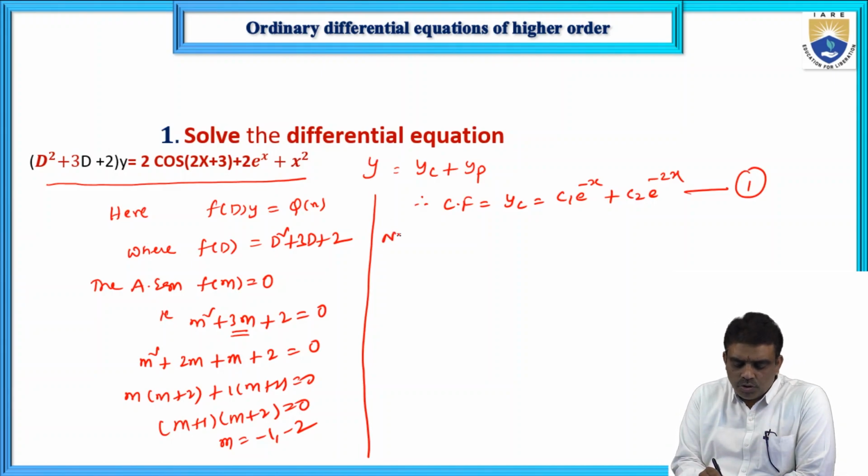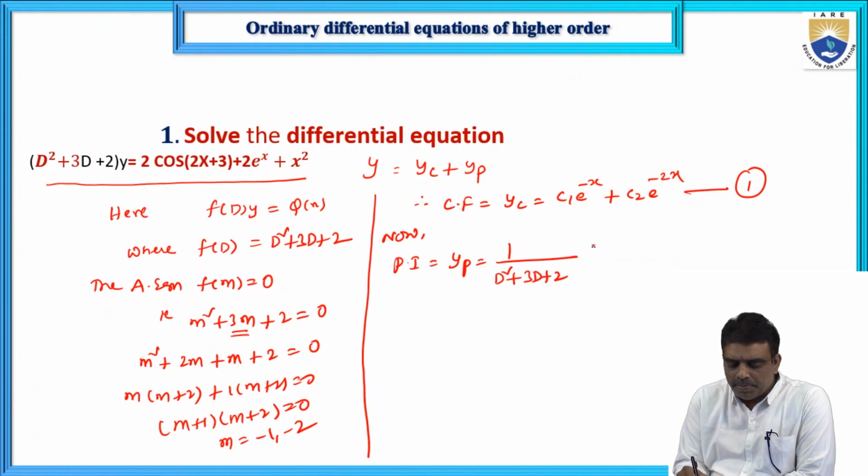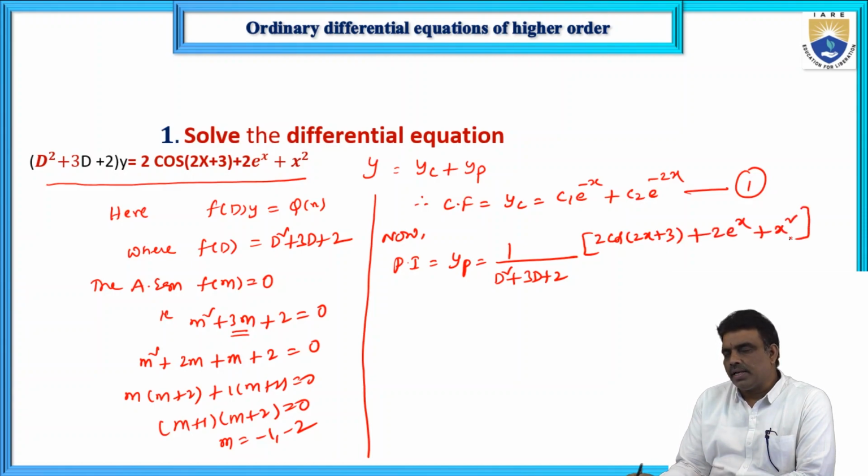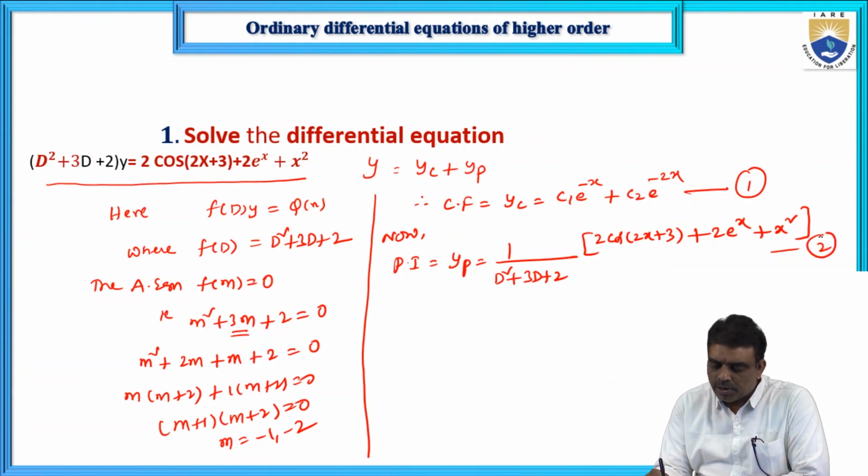Now we have to find the particular integral yp, which is equal to 1/(D² + 3D + 2) of the right hand side. Here there are three terms on the right hand side. One is of the function type 2cos(2x + 3), the second is 2e^x, and the third is x². Call this equation number 2.